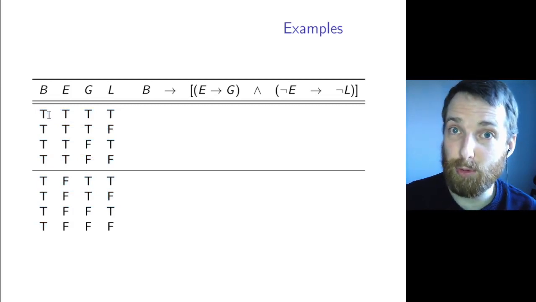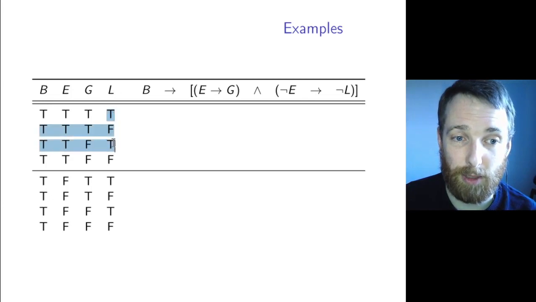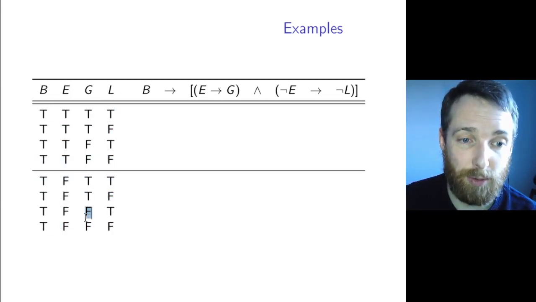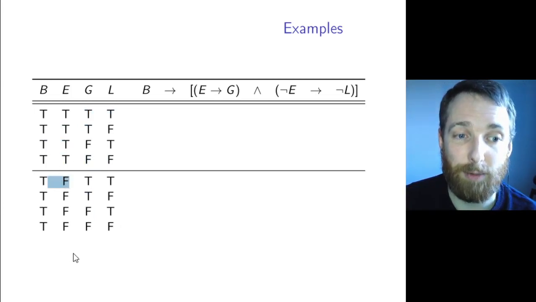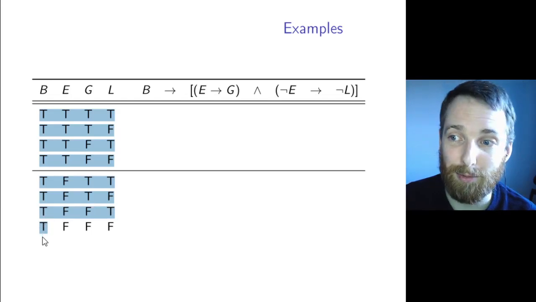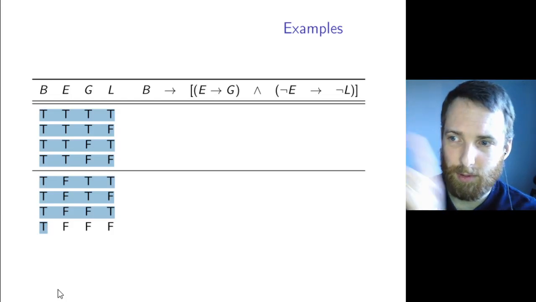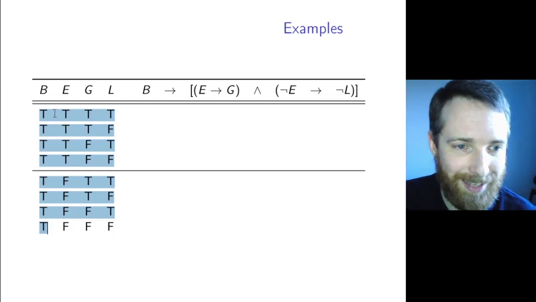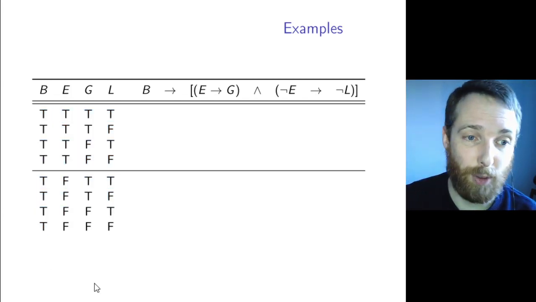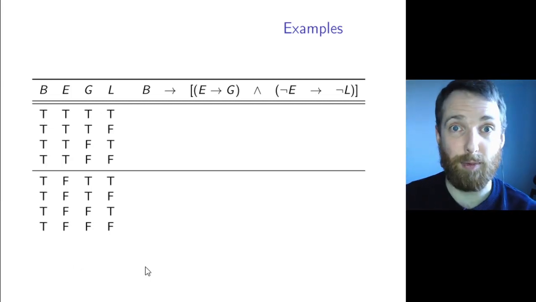Remember, when you set up your truth table for something with 4 atomic sentences, we start on the right and we alternate TF, TF, TF, TF down 16 lines, then 2 T's, 2 F's, 2 T's, 2 F's, then 4 T's, 4 F's, 4 T's, 4 F's, and finally we'll have 8 T's in the top half for B, the one on the far left. 8 T's on the far left and 8 F's on the bottom part. So right now, because we're only having T for B, we are in the top half of the truth table.